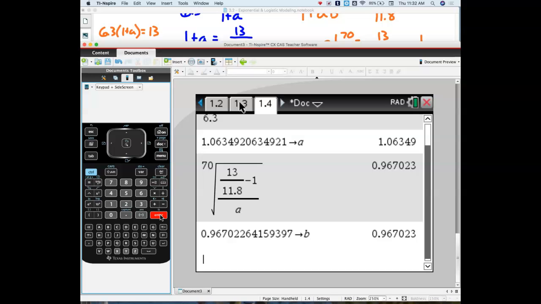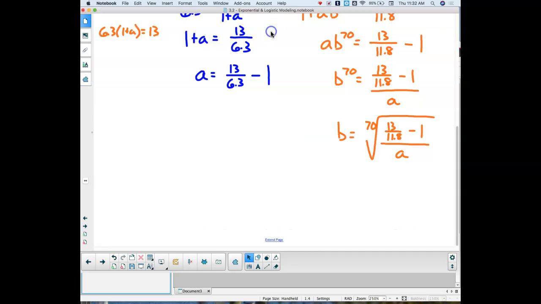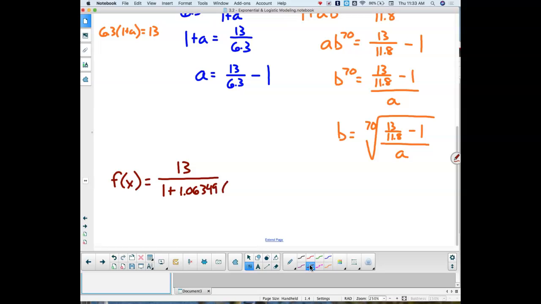So my function here now is f of x is going to equal 13 over 1 plus 1.06349 times 0.967023 to the x power. Probably. Let's make that look prettier.